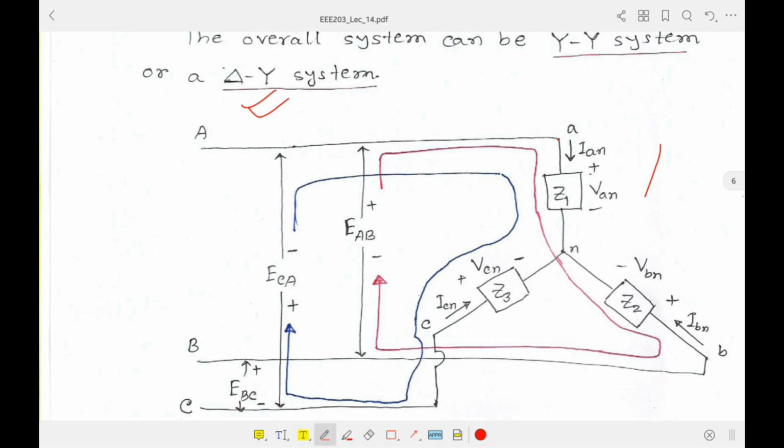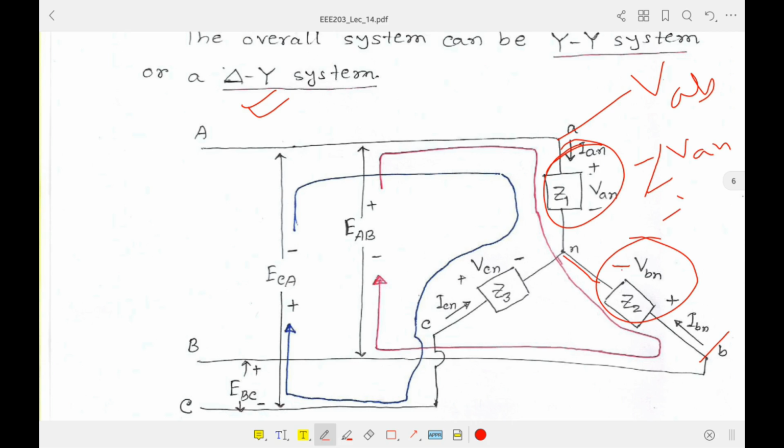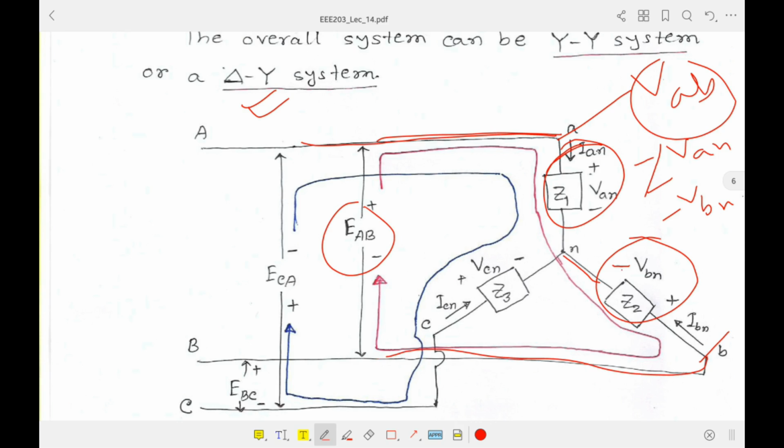Previously I showed you just like this. Let's say EAB, this should be VAB. So this should be VAN, then since this is minus in this direction, this should be minus VBN. So I can write VAB equal to VAN minus VBN, and this VAB is basically EAB. If you notice here, this VAB, if I call it V at the load side, is basically connected to the generator side, since we are not considering any transmission line impedances.